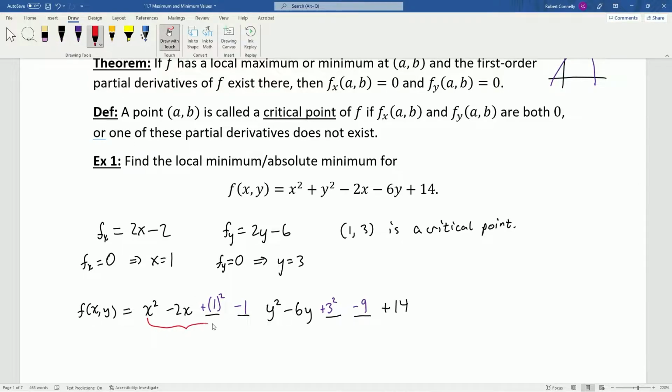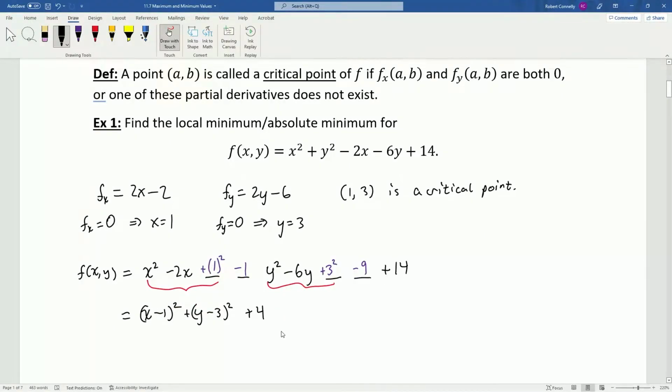So now we're going to factor each of these expressions. This gives us (x minus 1) squared. Here is going to give us (y minus 3) squared. Here we've got minus 1, minus 9, that's minus 10 plus 14, so that's plus 4. And what do we notice? Well, we notice, hopefully, that x and y correspond to these values here.